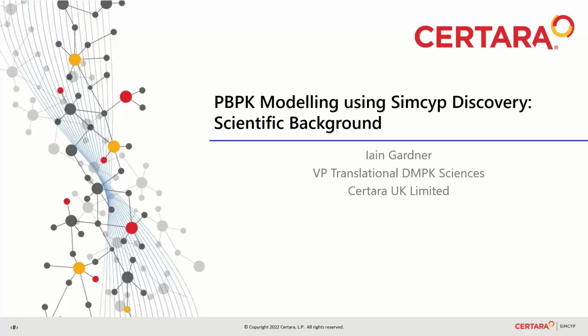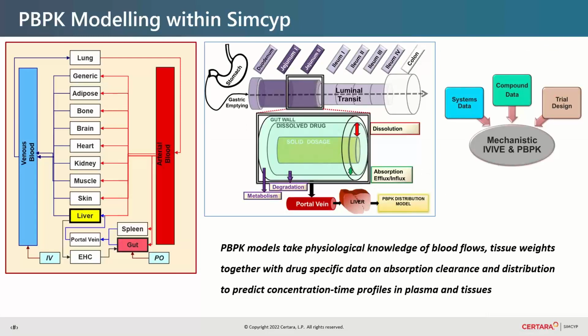Yeah, sure. So hopefully you can see the slides okay and can hear me okay. So what I want to do in this presentation is just give a brief overview of what we're doing within the Simcyp Discovery Simulator.